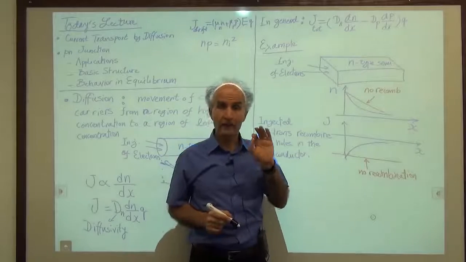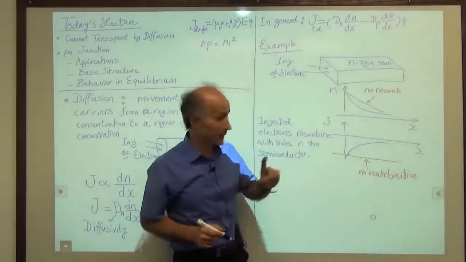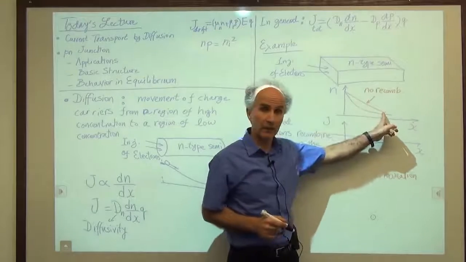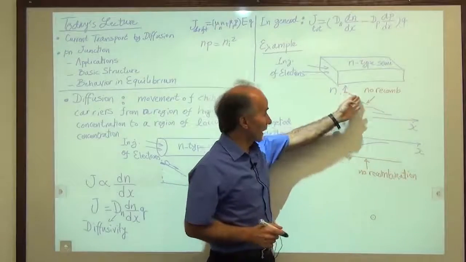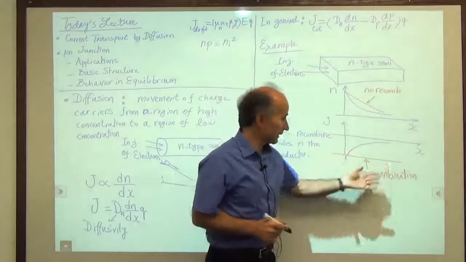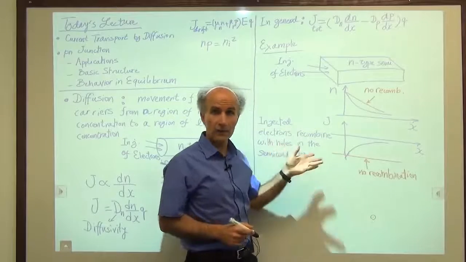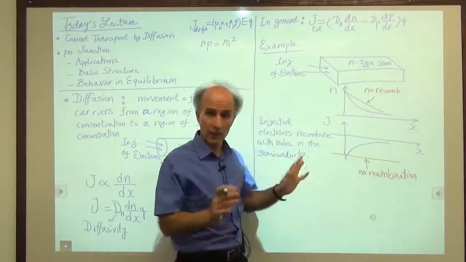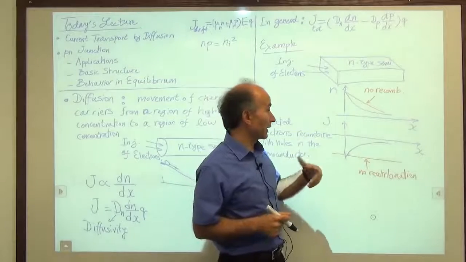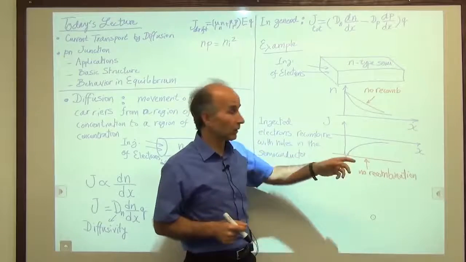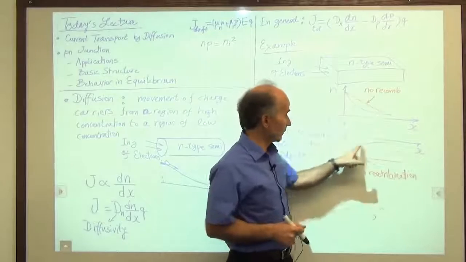The gradient in concentration still exists, but it's a straight line. So the current is constant. The current is carried primarily by the electrons. There are not that many holes in there, and everyone is happy. On the other hand, if the holes are not that small, then we will see something like this, and something like that.